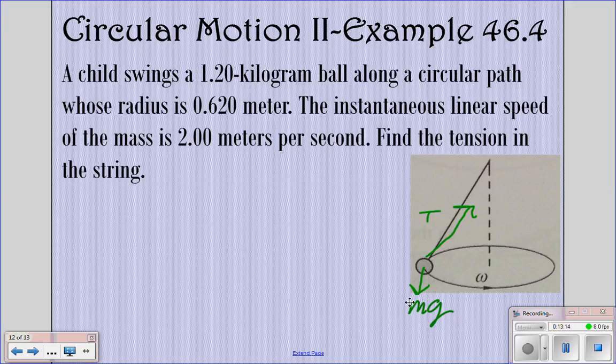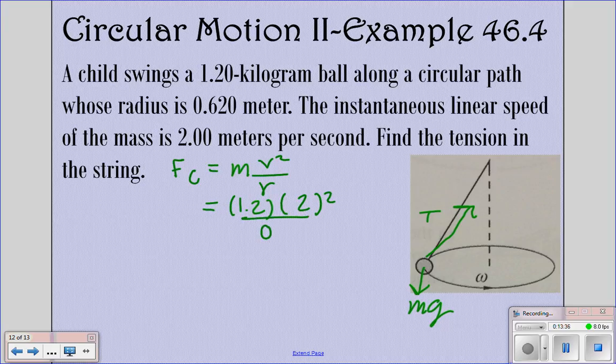So first we need to figure out what our centripetal force is. And we're going to use m v squared over r. So our mass is 1.2, our v is 2, and then our r is 0.62. So if you multiply those, you get 7.742.